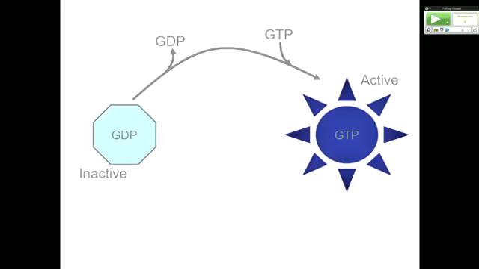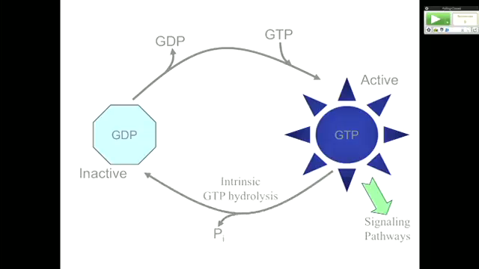That active form would now engage signaling pathways. And it would have an intrinsic GTPase activity, causing GTP hydrolysis and inactivation.